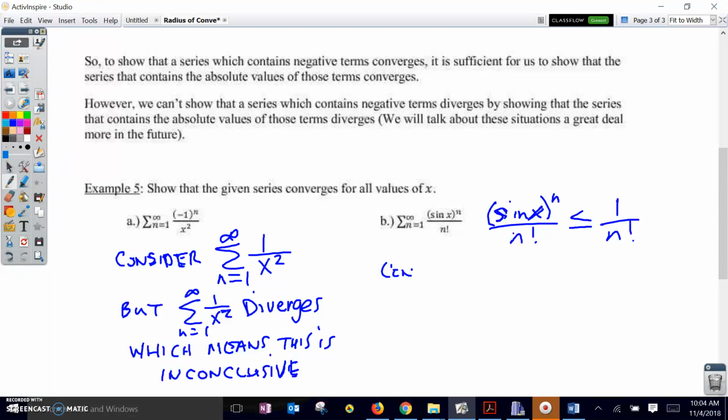And so if I consider the series sum from 1 to infinity of 1 over n factorial, this is going to be smaller than, for instance, the sum from 1 to infinity of 1 over n squared, once we reach a certain value of n, which converges.